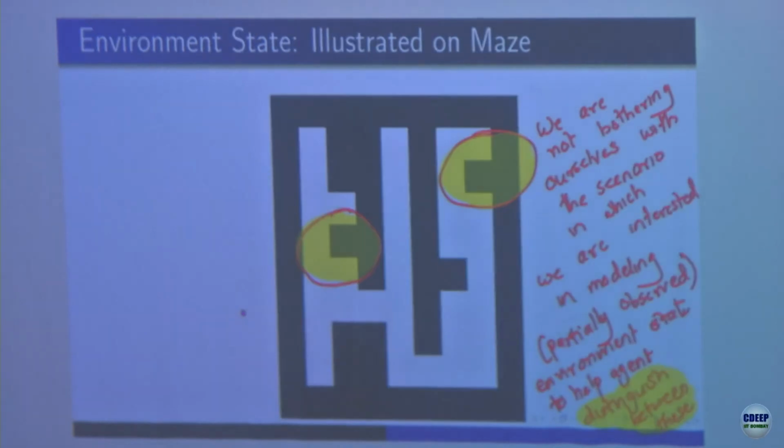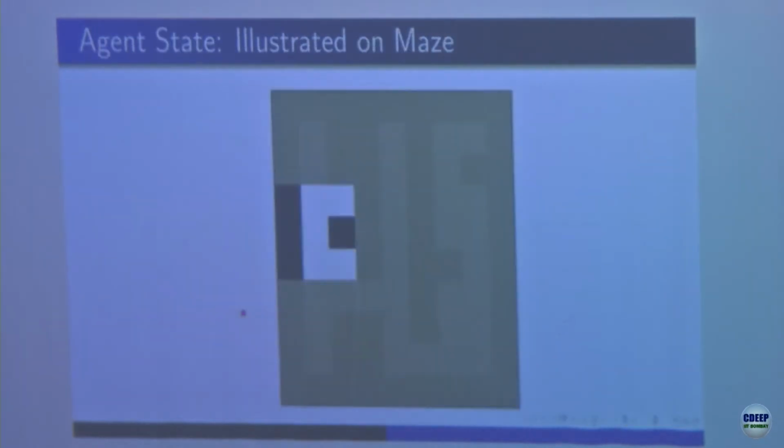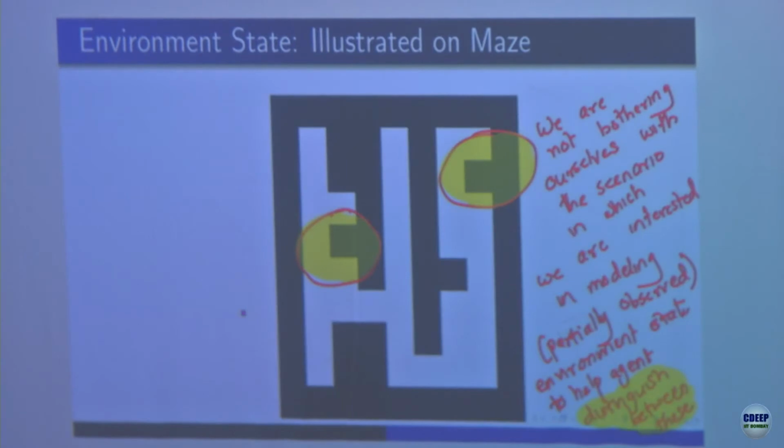For us, and I again went over this example in the lab, we are not concerned with modeling the environment state so that the agent is able to distinguish between these two very similar looking states. We don't concern ourselves. If the agent is stuck and cannot distinguish, so be it. That's the idea of MDPs here.